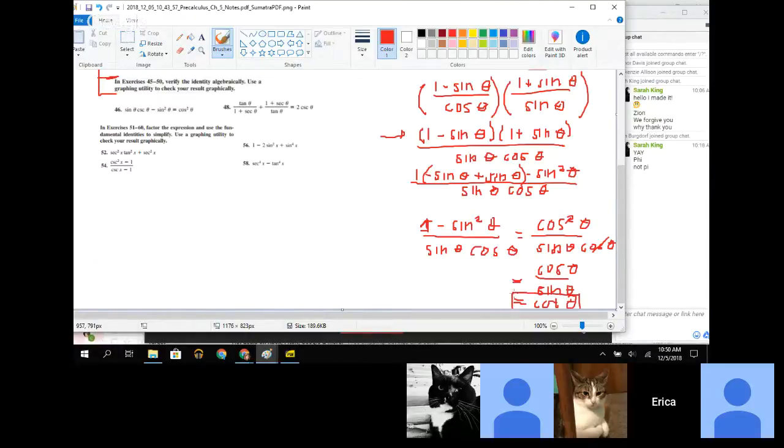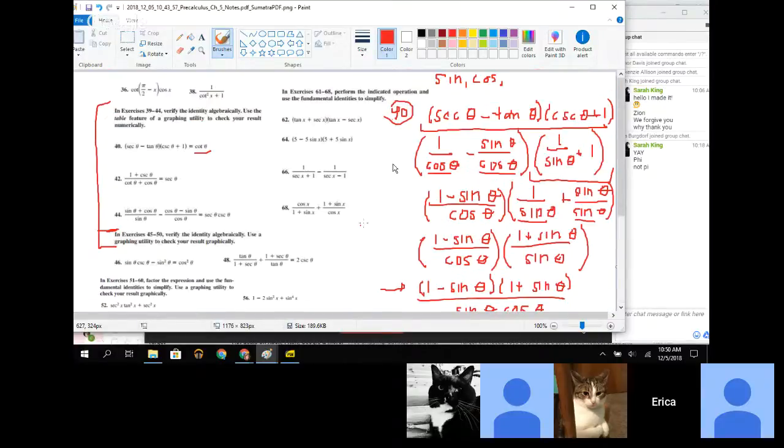Voila. So that's a way that we can simplify that. So all that to say that, yes, the secant of theta minus the tangent of theta times the cosecant of theta plus 1 does equal the cotangent of theta.